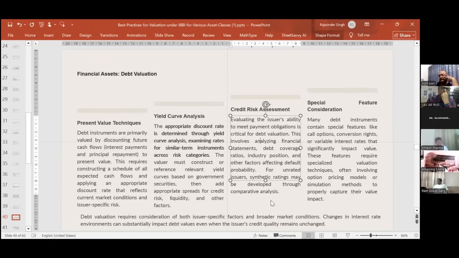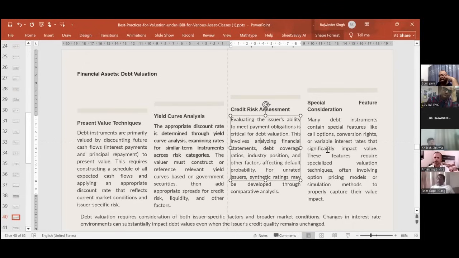And then the last method for debt valuation is special features. Many debt instruments contain special features or variables.